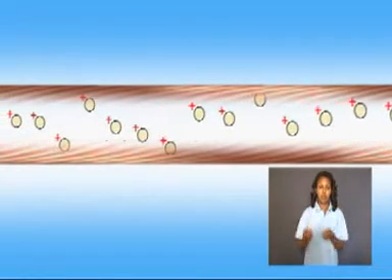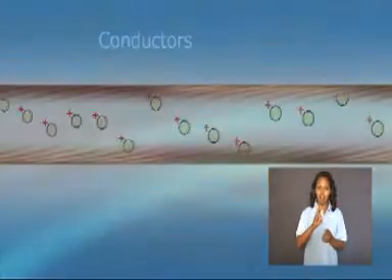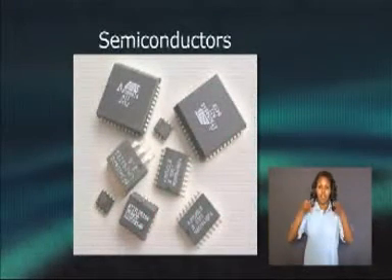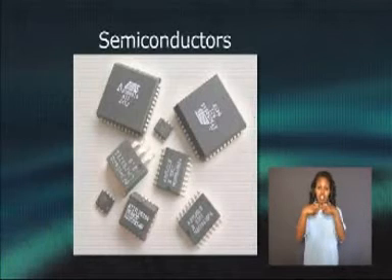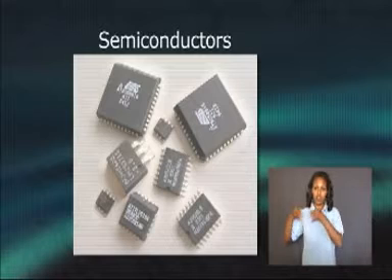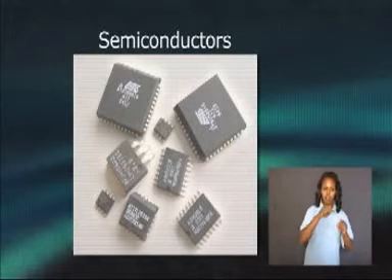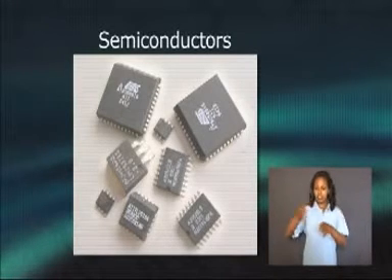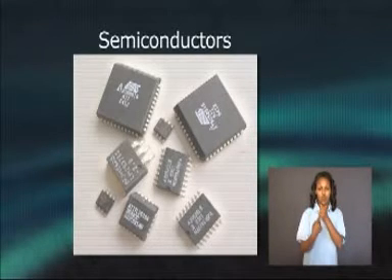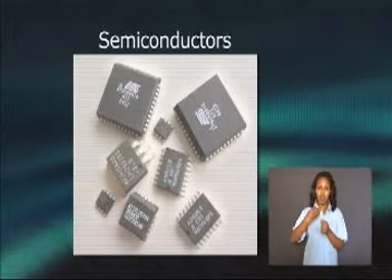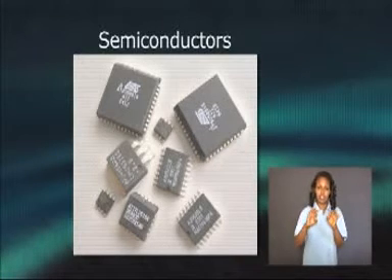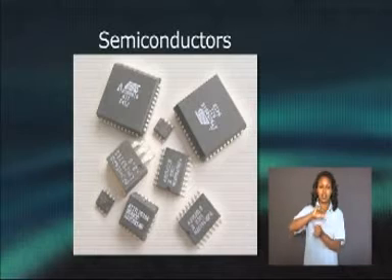Most conductors are metals. Finally, semiconductors conduct electricity less well than conductors, but much better than insulators. In semiconductors, only a few of the outermost electrons can break free from their parent atoms.